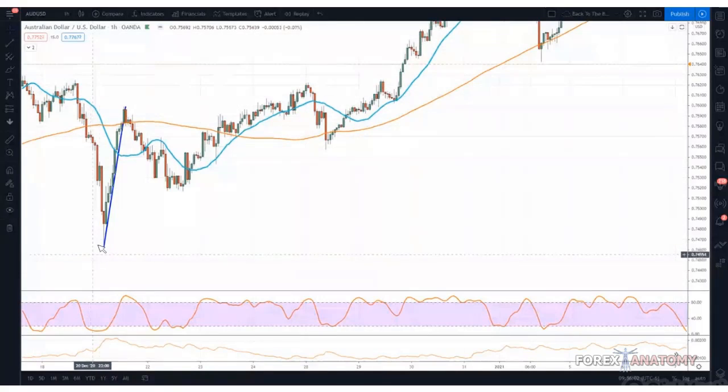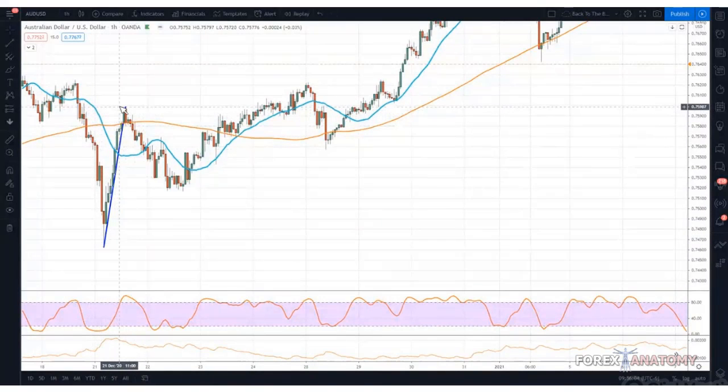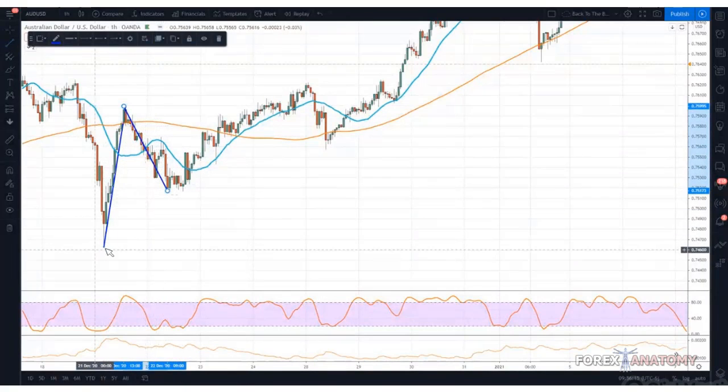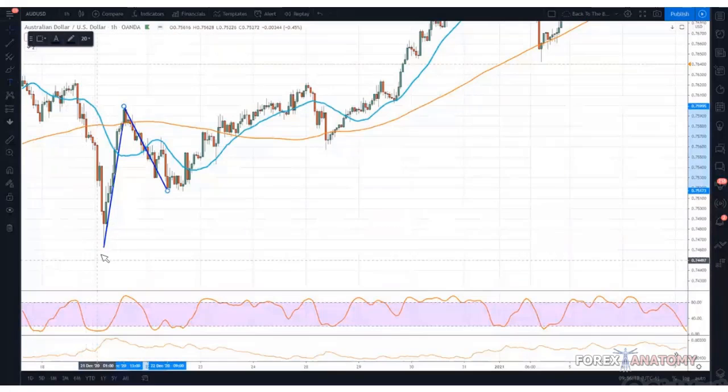So we have this move, price corrects lower, right? And forms a what? Let's just assume that this is our initial low right here.